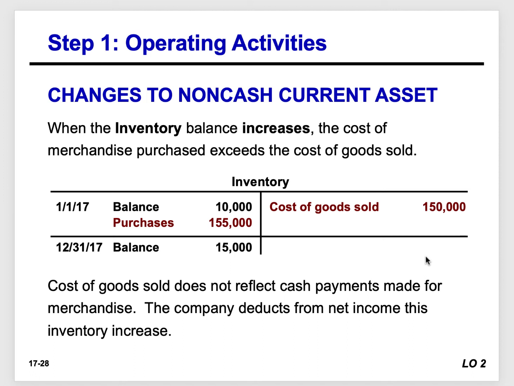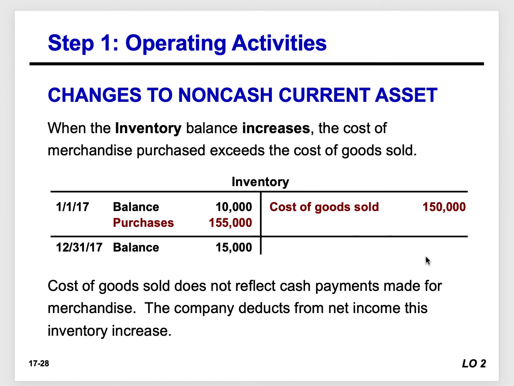And that makes sense, right? So the cost of goods sold, again, does not reflect any cash payments made for the merchandise, right? So we can't use cost of goods sold on the statement of cash flow, right? What we need to do is look at how did our inventory change, that $15,000 change. We need to deduct that from net income.